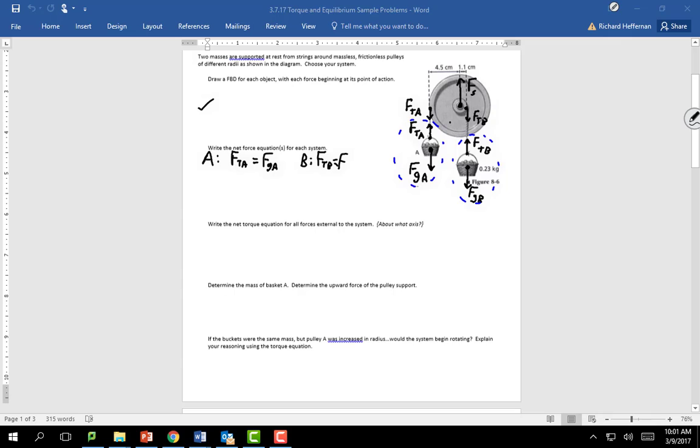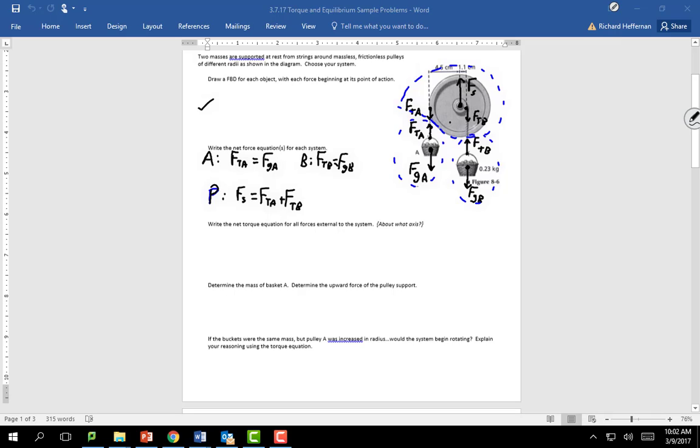FTB equals FGB. And then what about the system that's the pulleys? FS equals FTA plus FTB. I'm going to call that P for pulley. FS equals FTA plus FTB.